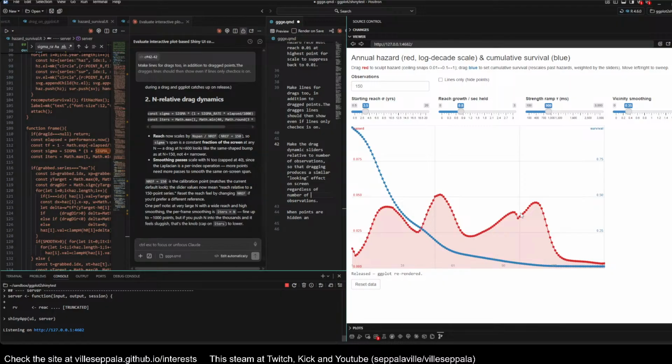We could create the inverse of this survival rate.